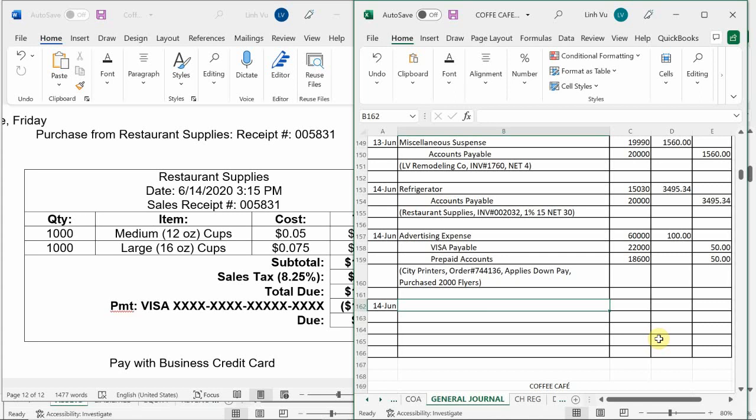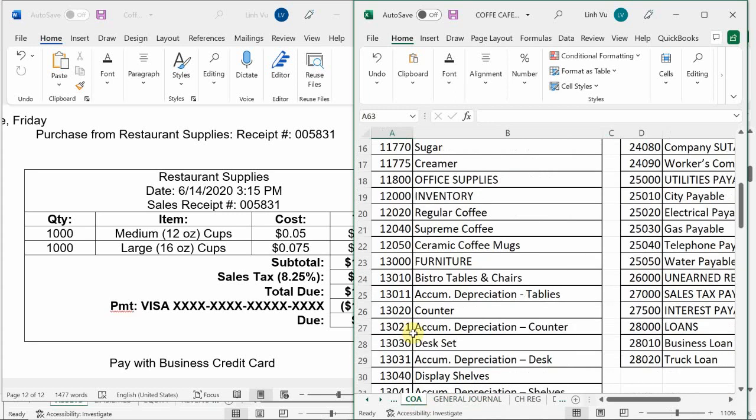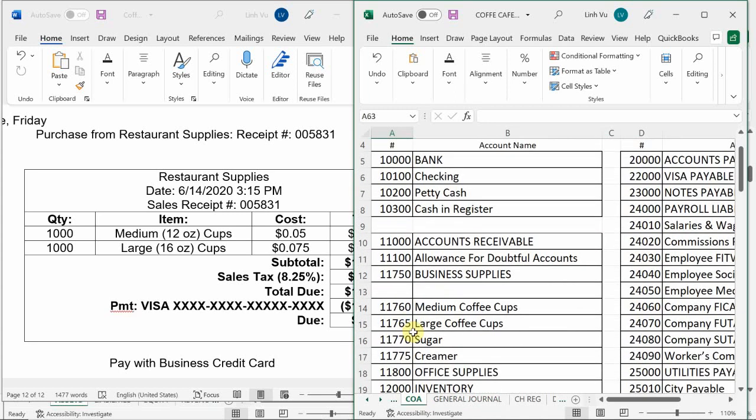Cups. We bought cups, right? Now, what kind of cups? 12-ounce and 16-ounce. All right, so let's take a look. Do I have anything that's in regards to those cups? We have medium and large cups. Awesome. That's right. We have medium and we have large cups, so 11,760, 11,765.